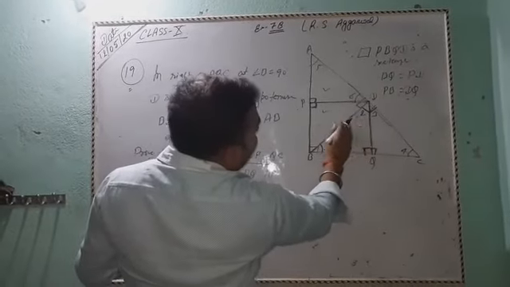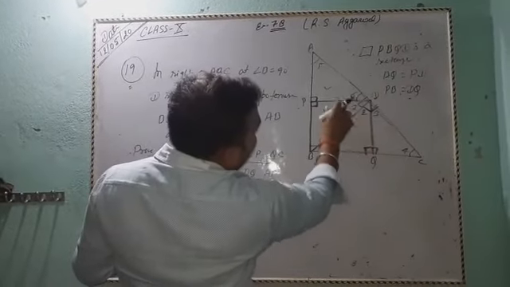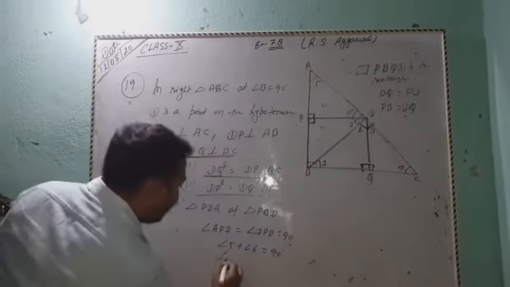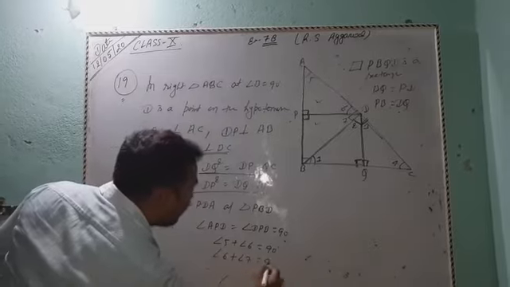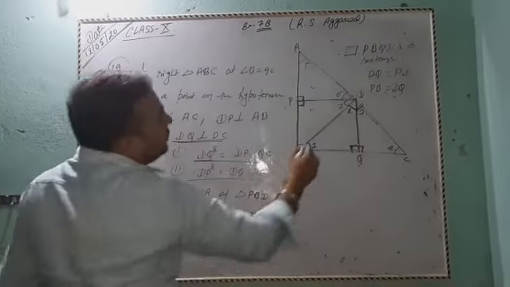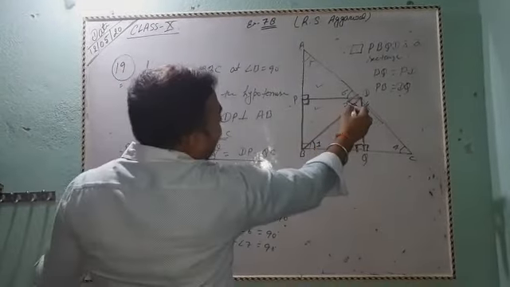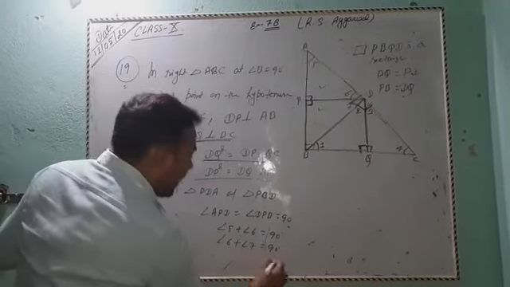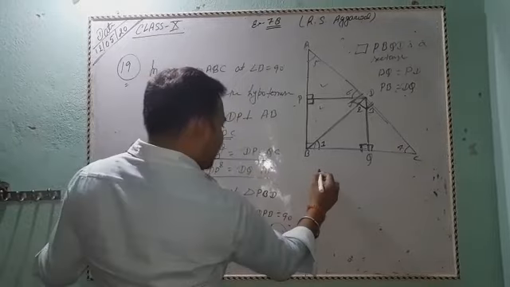Then angle 6 plus angle 7 is 90 degrees. So the right-hand sides are equal, then the left-hand sides are also equal.